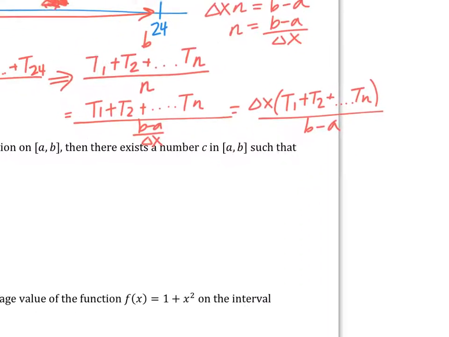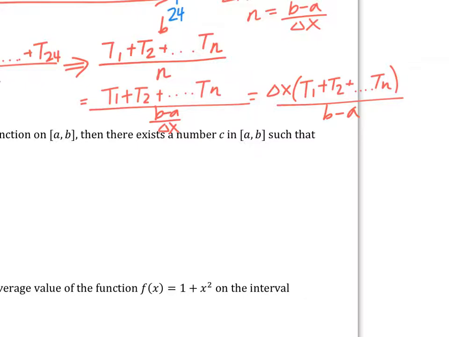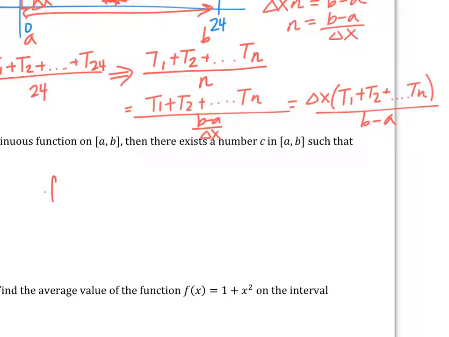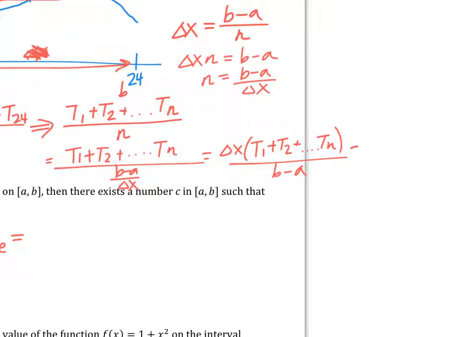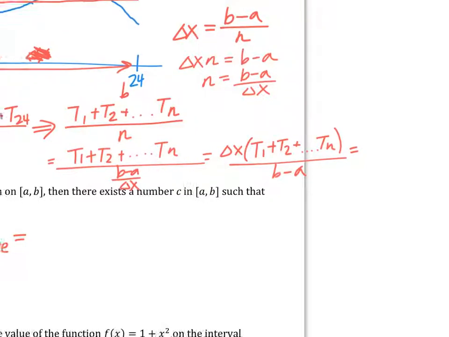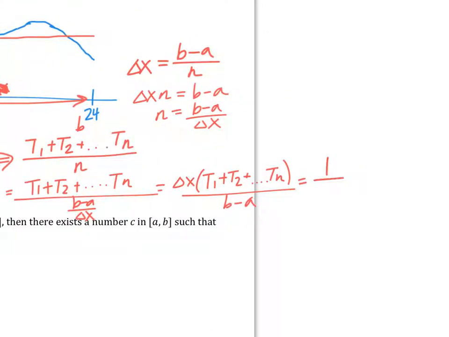So we can just say that the average value of a function, let's just finish this part. This part is really just the integral from a to b. And so we can say it's 1 over b minus a of the integral from a to b of T of x dx, if we're talking about temperature.